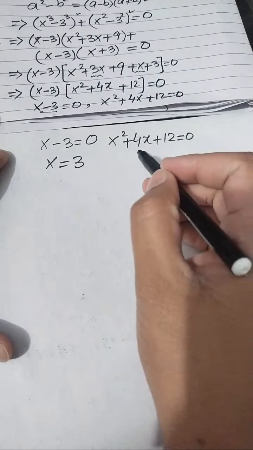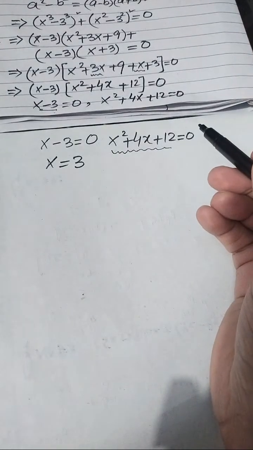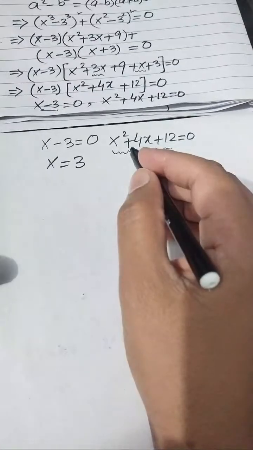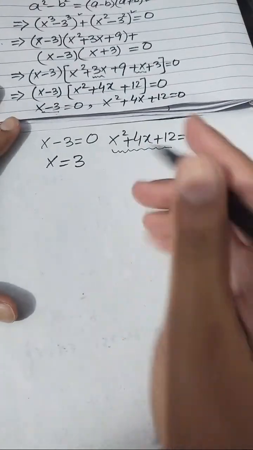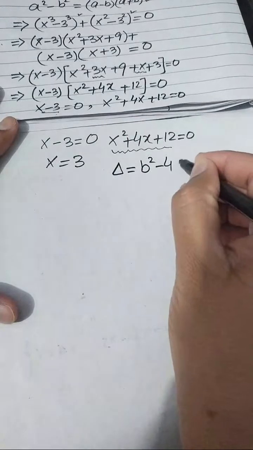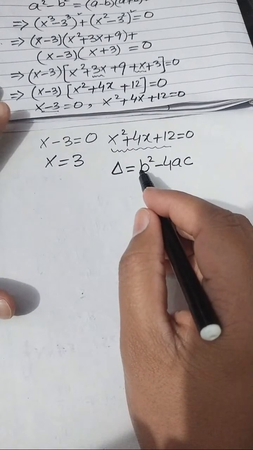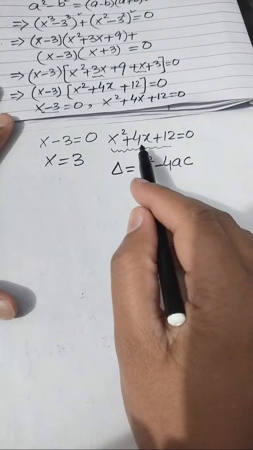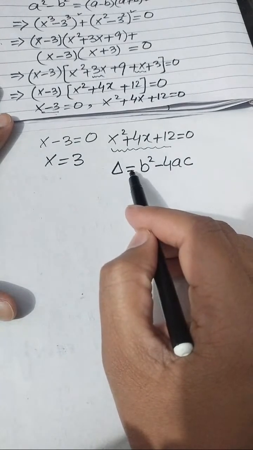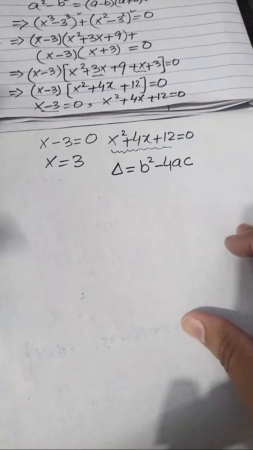So first I will check whether this quadratic equation has real values, and we apply the delta formula: delta is equal to b squared minus 4ac. If delta gives us a positive value, the quadratic equation has real roots. If delta becomes negative, the quadratic equation has complex values.